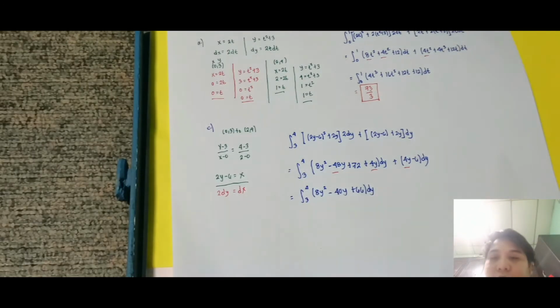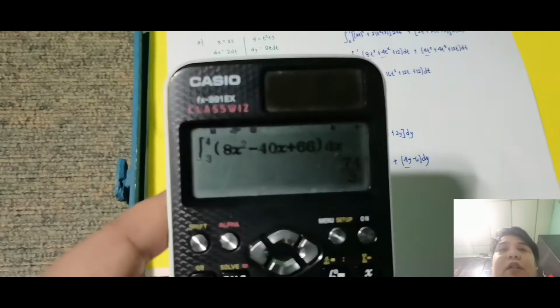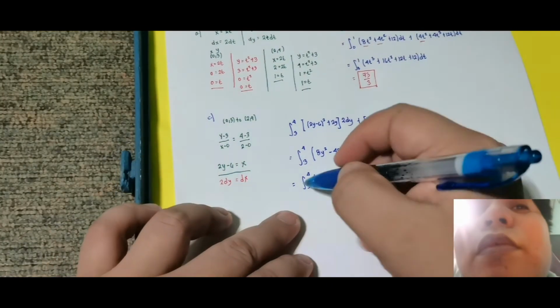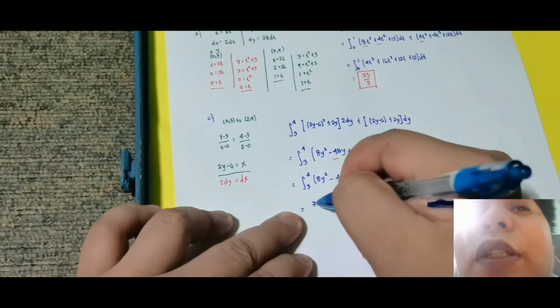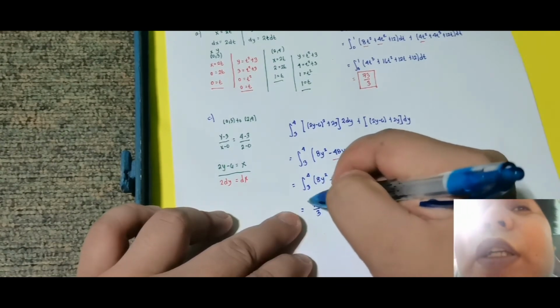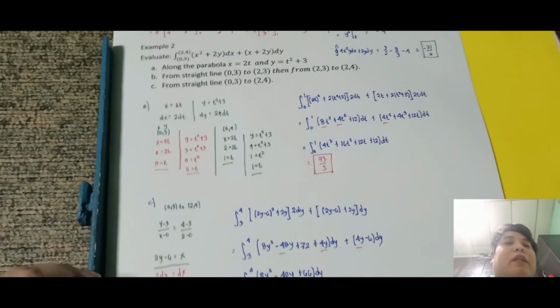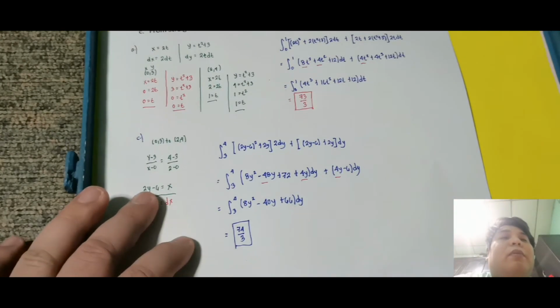Okay, that is 74 over 3. Therefore the line integral along that path is 74 over 3.